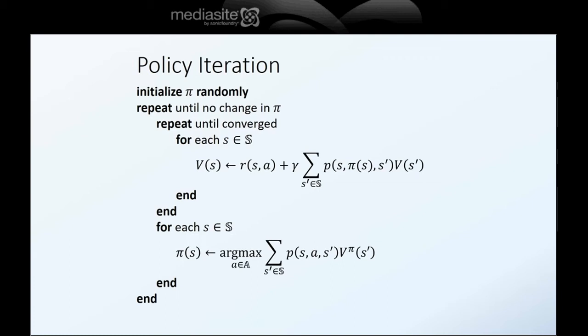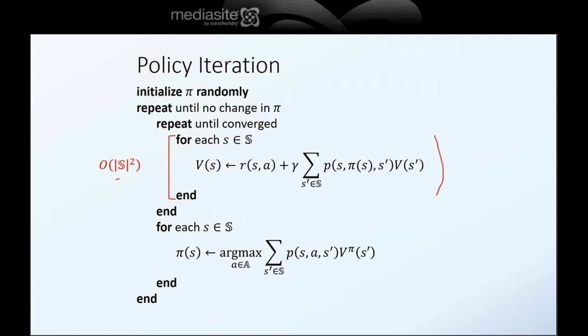Now let's look at the algorithmic complexity of policy iteration. Now the first step is repeat until converged, which we already saw to be policy evaluation, and we have seen earlier that the complexity of policy evaluation per iteration is order S squared, where this S is the number of states.